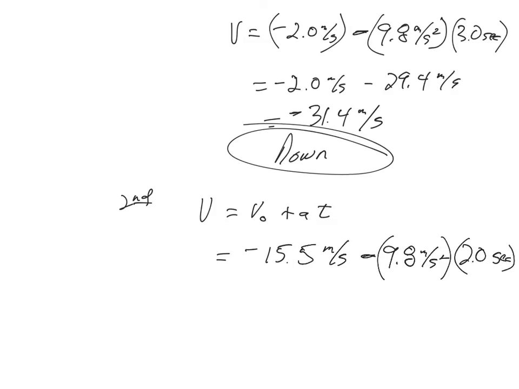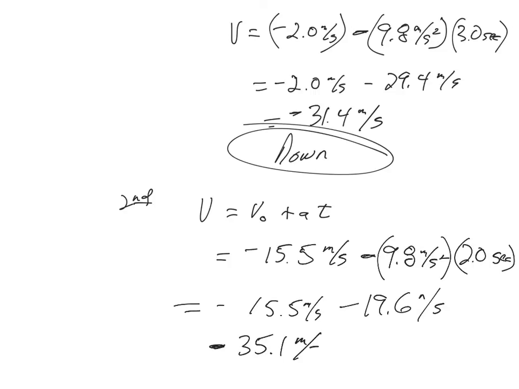So 9.8 times 2 would be negative 19.6 meters per second. And I still have my 15.5 meters per second. You put those together, 19.6 and 15.5, and I'm going to get negative 35.1 meters per second. And the negative just means down, which makes sense.